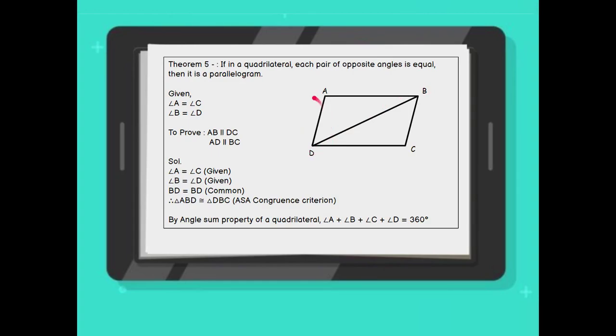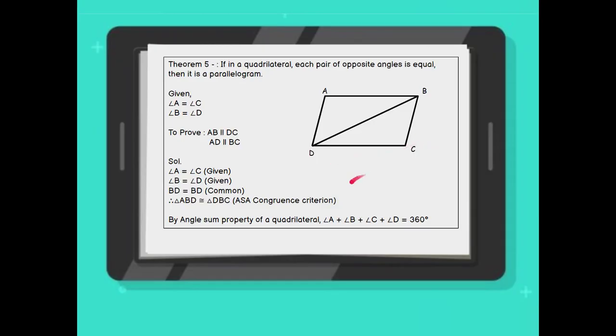So what is given here? Angle A is equal to angle C is given, and angle B is equal to angle D is given, and BD is common. So therefore, by angle side angle, or ASA congruence criteria, we can say that the two triangles are congruent.